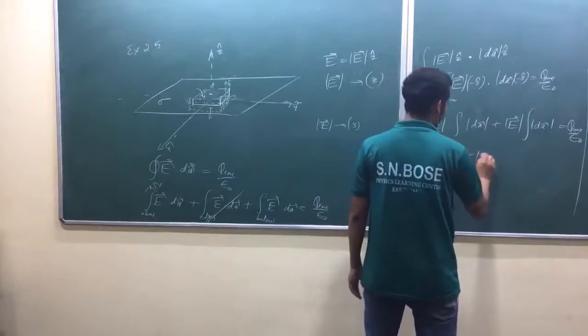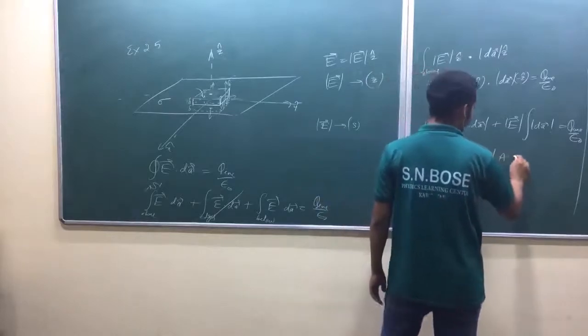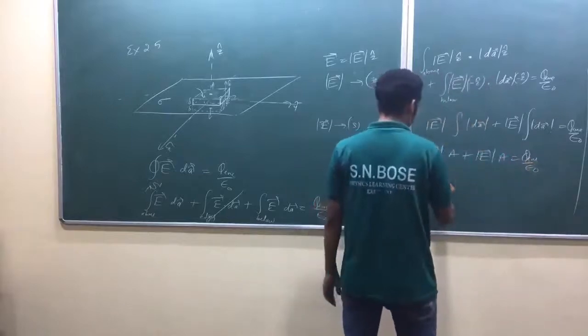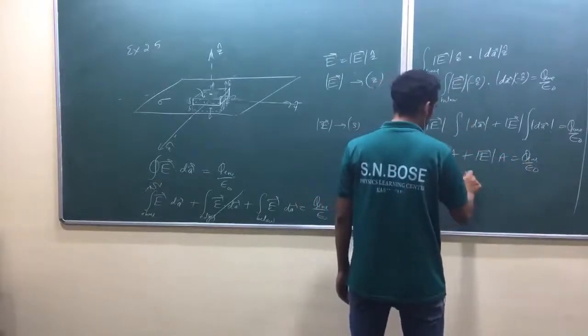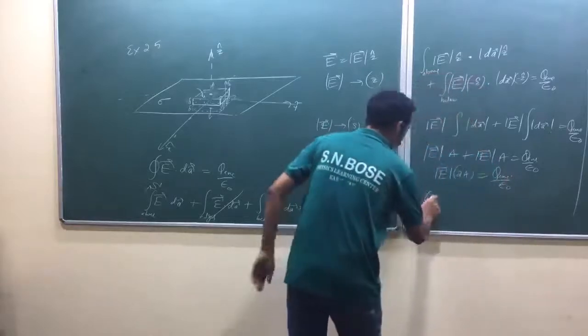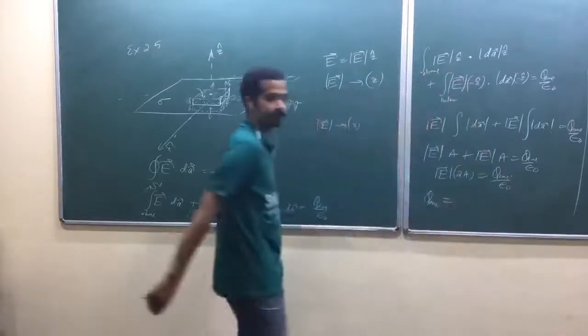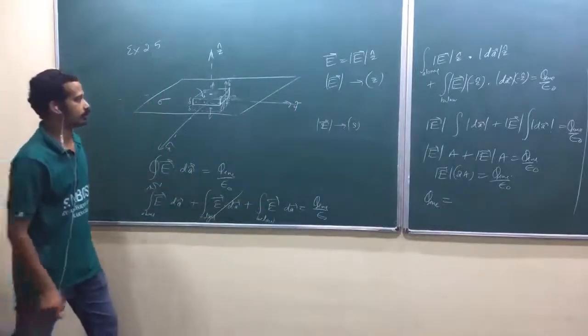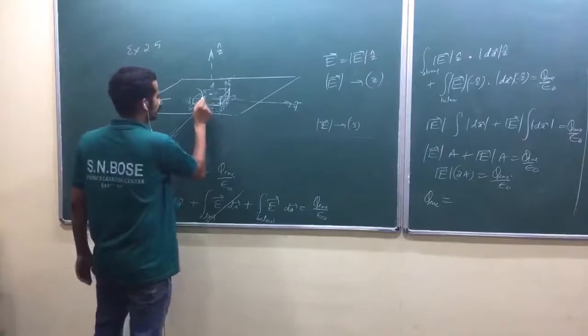Mod of E into A plus mod of E into A is equal to Q enclosed by epsilon naught. I can write mod of E into 2A equals Q enclosed by epsilon naught. What is Q enclosed? Charge enclosed. Now can you just imagine this one?